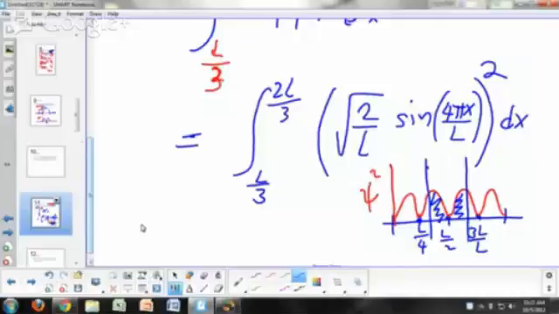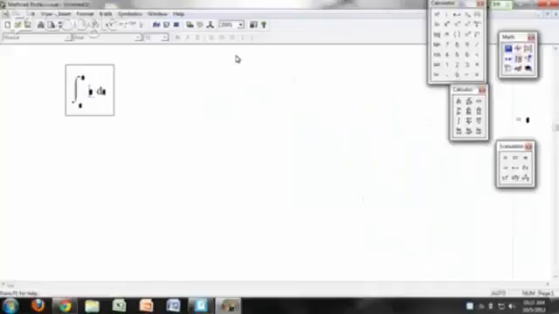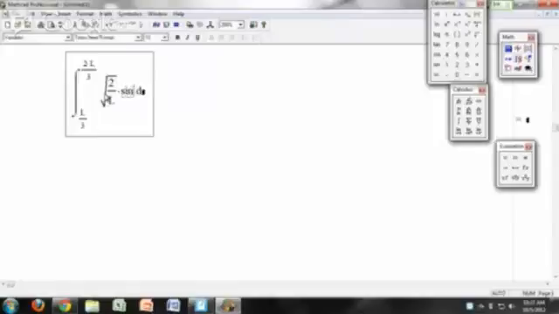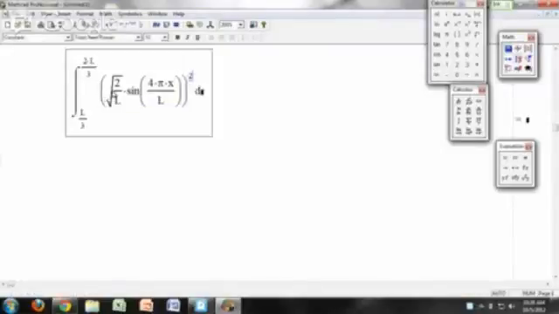Now let's verify using math. Integral from L over 3 to 2 times L over 3 of the square root of 2 over L times sine of 4 times pi times x divided by L, and the whole thing squared. I don't have to worry about absolute value there since it's real, dx.